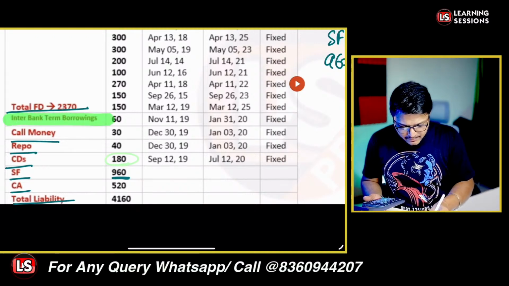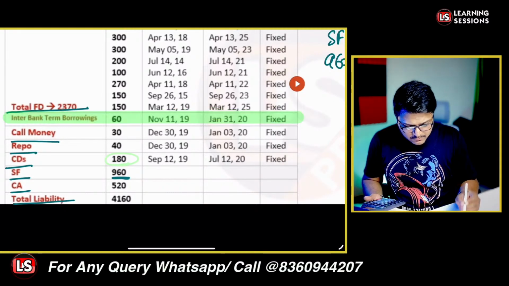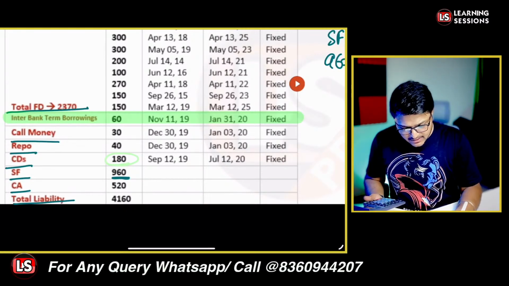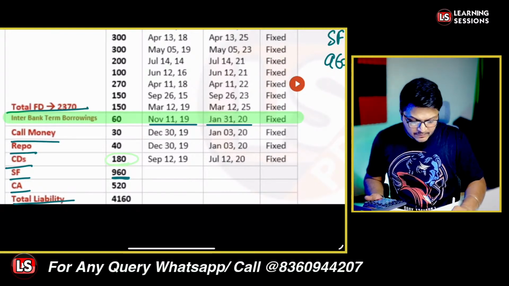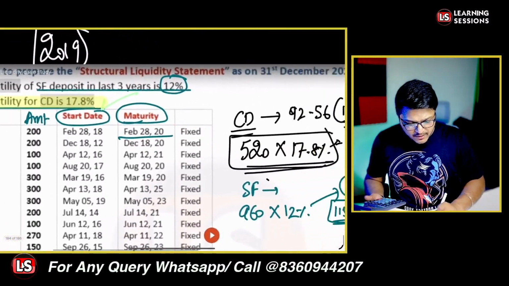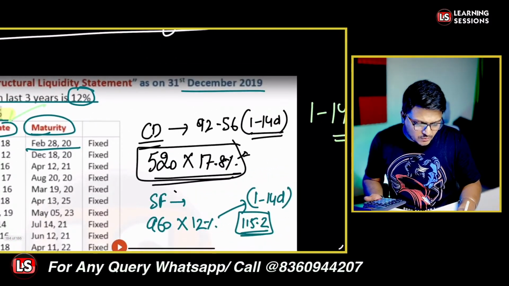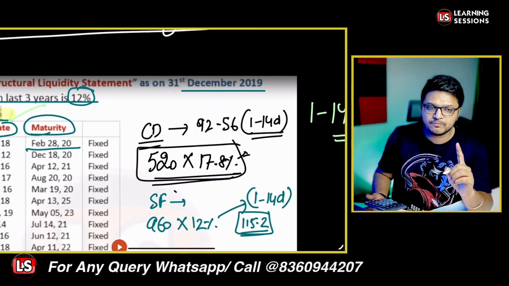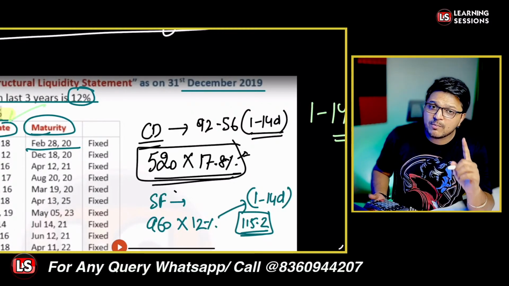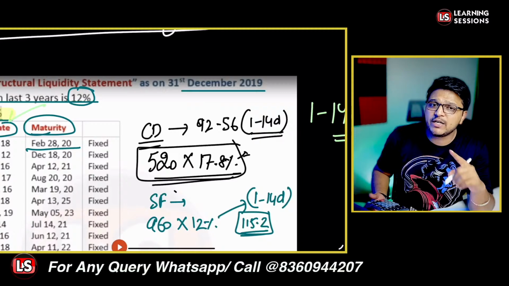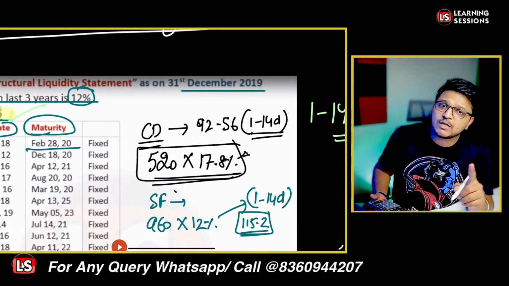It says interbank borrowings, ranging from November 19 up to January 20. And this statement is to be prepared as on 31st December 2019. This must be taken care of, because we will be considering the residual maturity from this point only, that is from the 31st of December 2019.